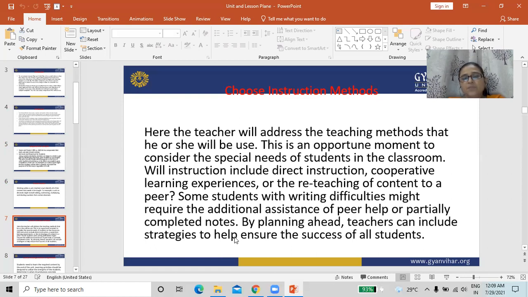By planning ahead, teacher can include strategy to help ensure the success of all students.